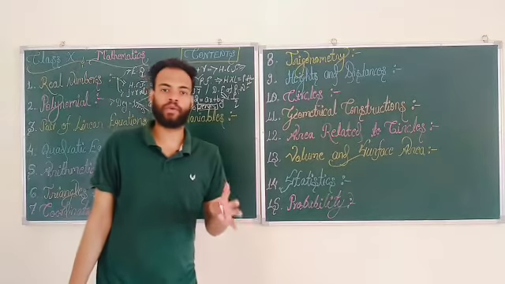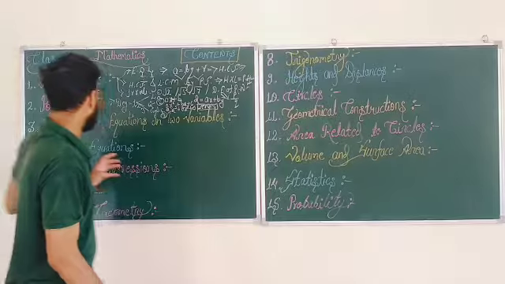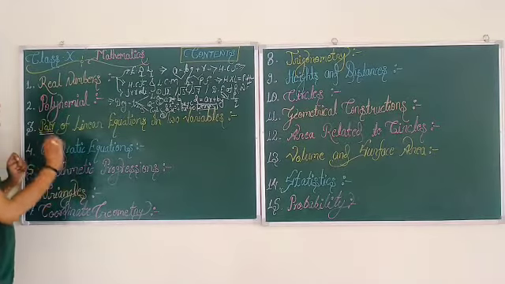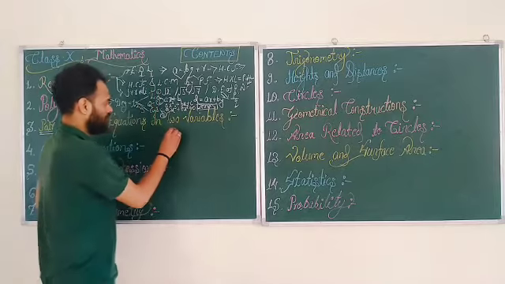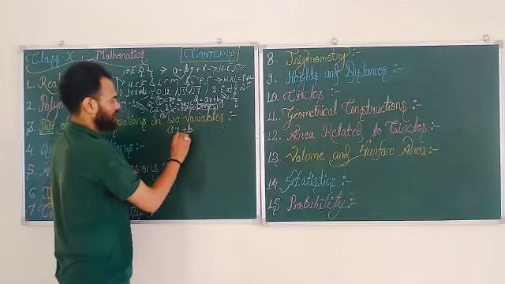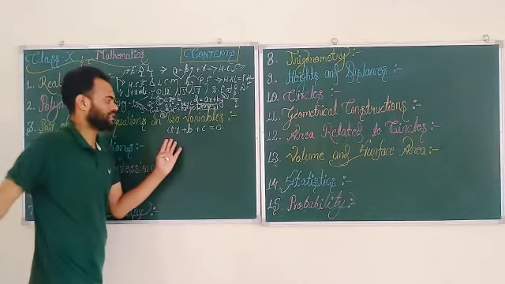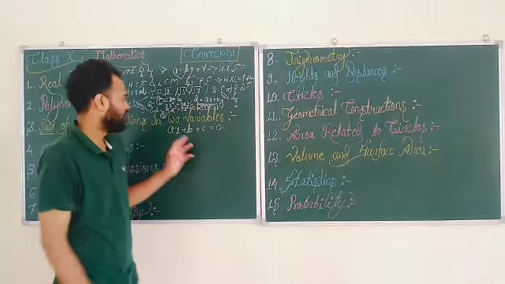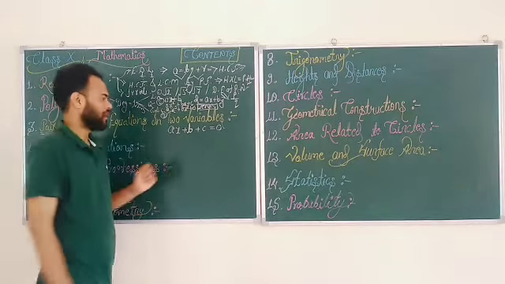In 9th standard you studied linear equations in one variable. Now you will discuss a pair of linear equations in two variables. This is the general form of a linear equation: ax + by + c = 0, where the degree of the variable is 1, so it is said to be a linear equation.